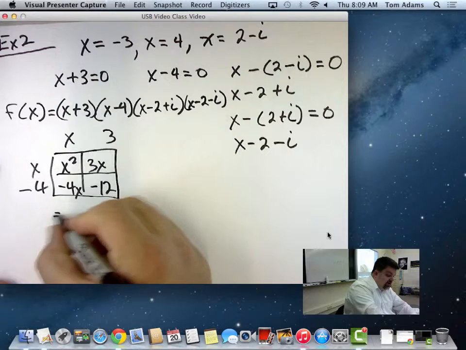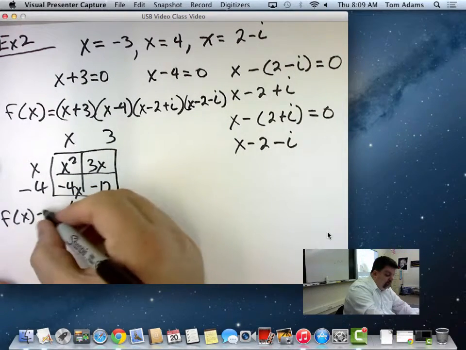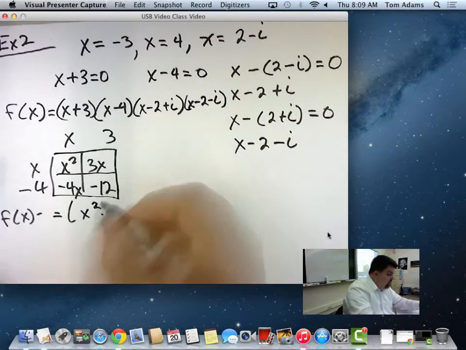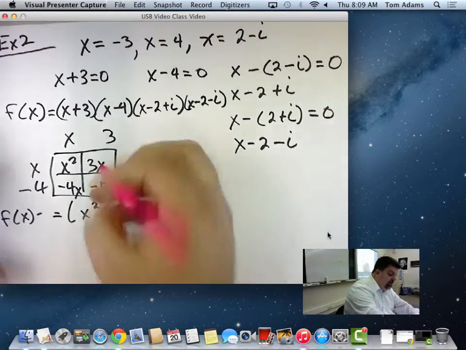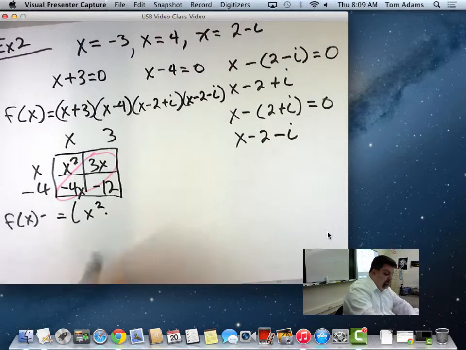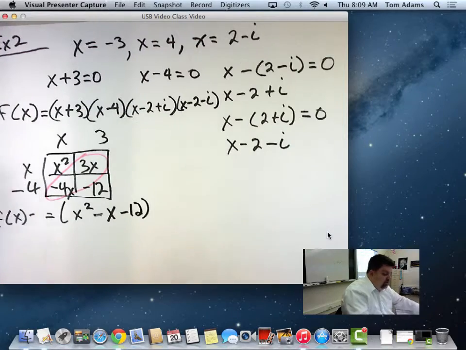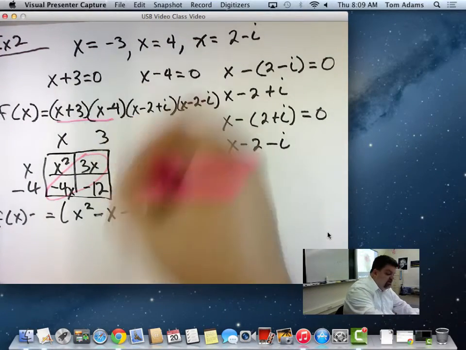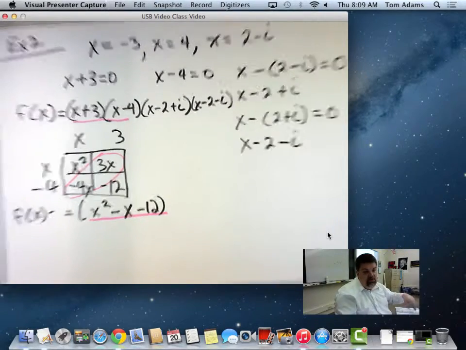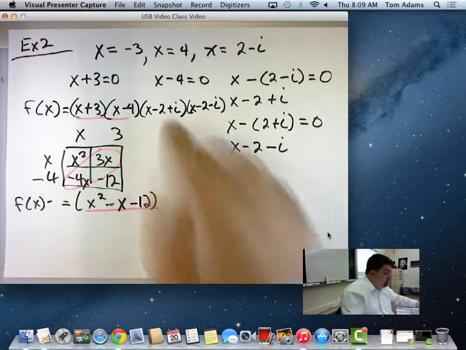And so when I combine like terms, I'm gonna get x squared, and remember we got to combine like terms here. -4 plus 3 is -1, so that's going to become -1x minus 12. So that is just this times this. When I multiply or FOIL those, I'm going to end up with x squared minus x minus 12.